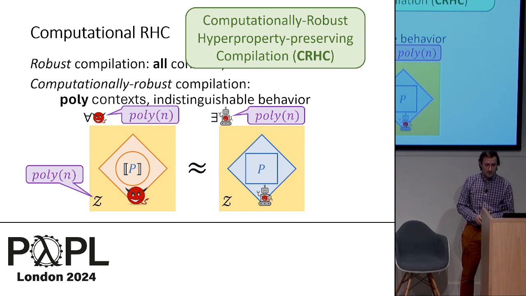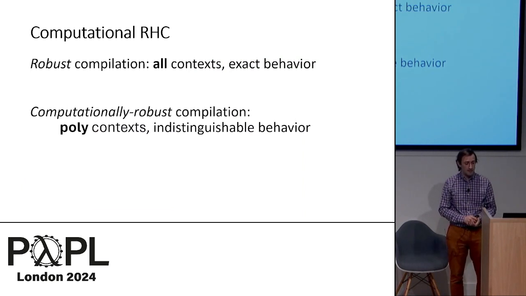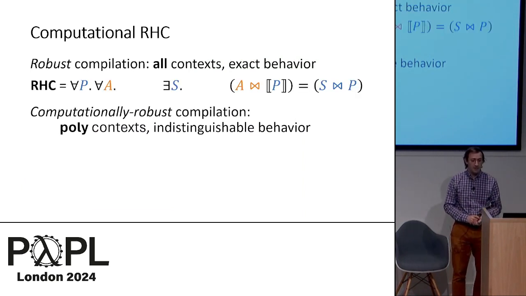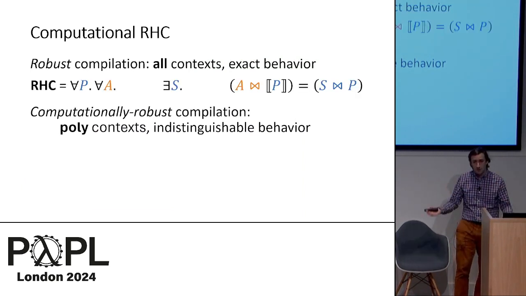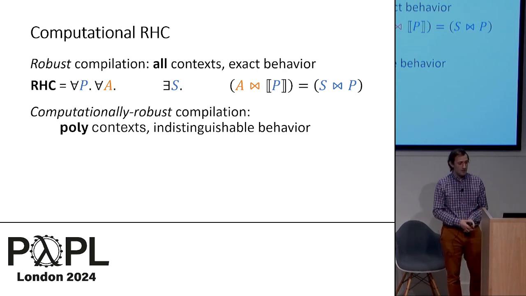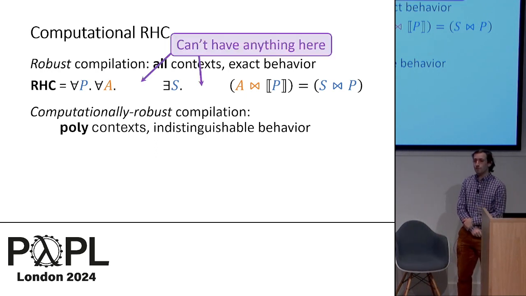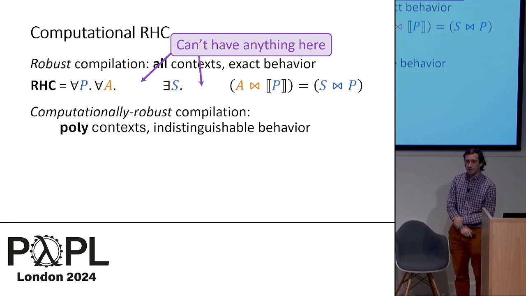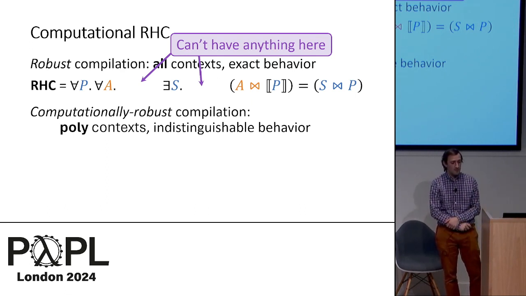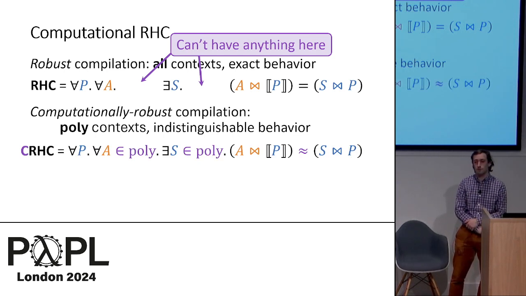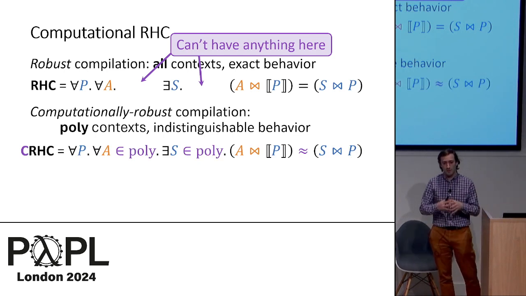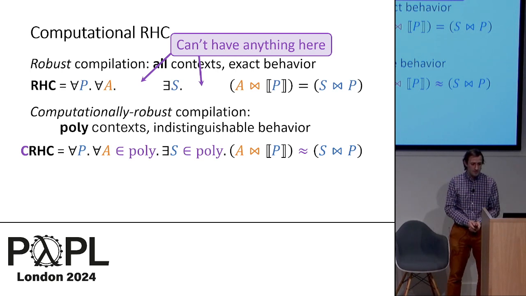I want to look at this a little bit more technically. Robust RHC, the standard one, from the Journey Beyond Full Abstraction paper from a few years ago, says that for all programs and all attackers, there exists a simulator such that these look the same. But we fundamentally cannot put any restrictions into these holes. To get computationally robust compilation, we have to put restrictions into those holes. So we're extending the framework to do this.